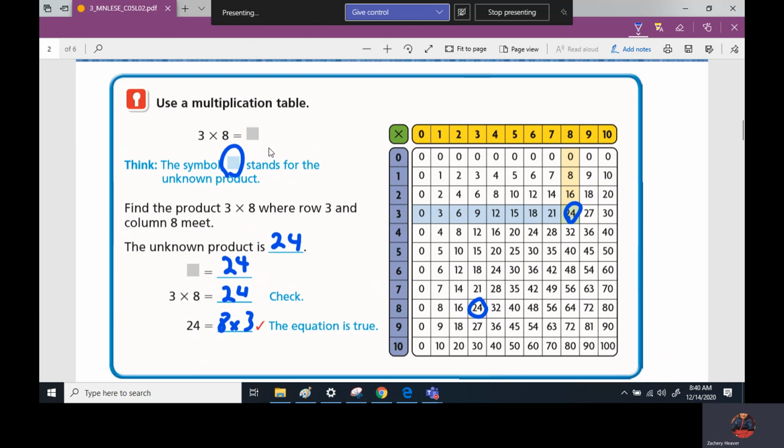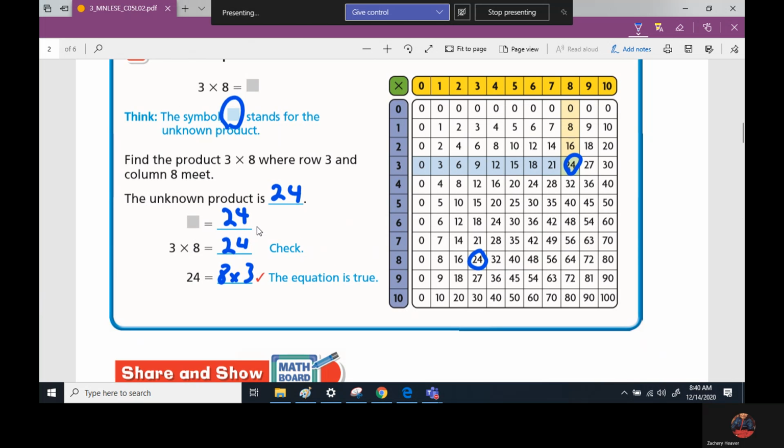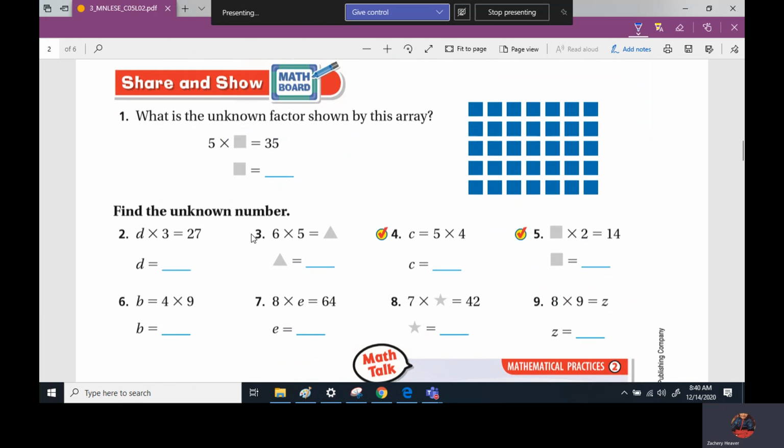So they want to know what this gray box was. Instead of using n, they use this gray box. And we've been practicing using our multiplication table, so we should be able to find it pretty easily. What is the unknown factor? 5 times gray box equals 35. What does the gray box equal?